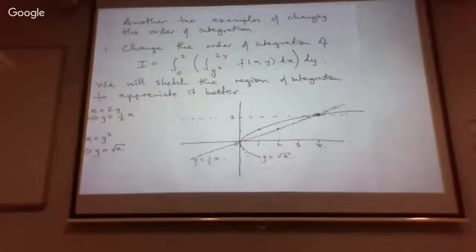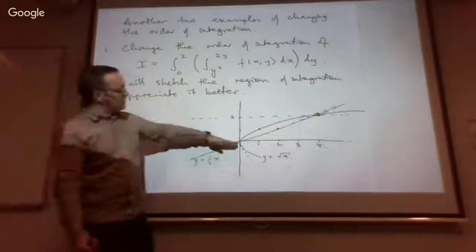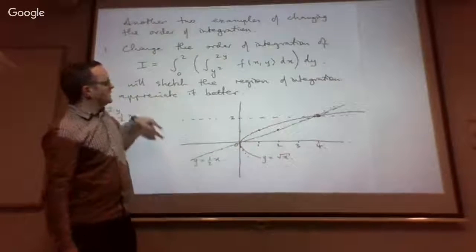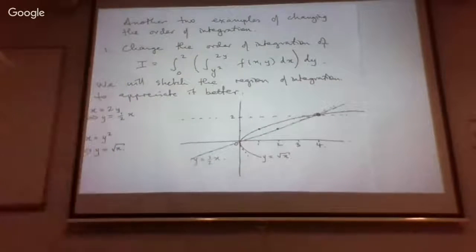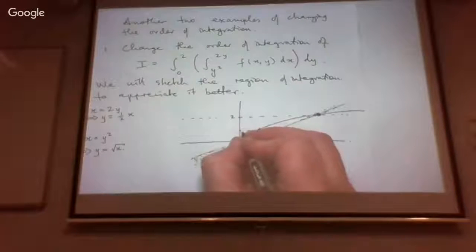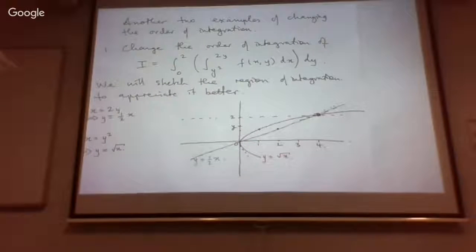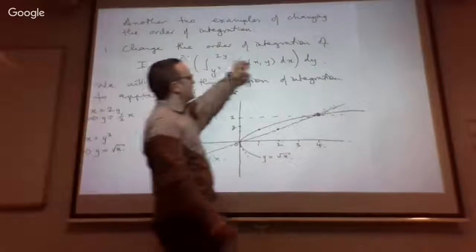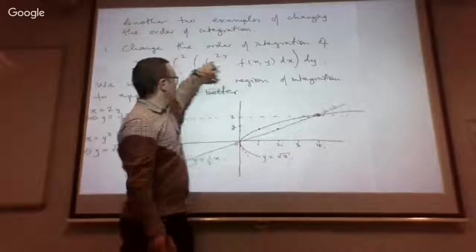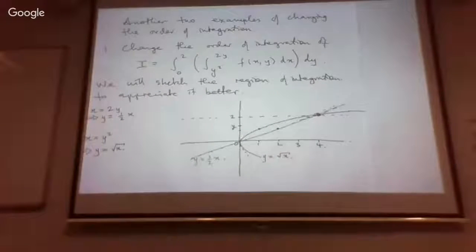So what region am I integrating over? Well, y is going from 0 to 2. So I have to think about a typical value of y somewhere in that range. For that value of y, the inner integral goes from y squared up to 2y.